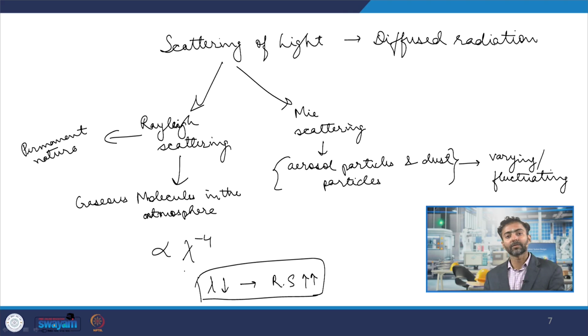If someone were to ask you why the sky looks blue, the reason is that if you look at the entire visible spectrum, the violet, indigo, blue segment, the blue side of the spectrum, has a much smaller wavelength. Having a smaller wavelength, the scattering is much more, and because that particular component of the spectrum is getting scattered to a very high degree, that is what our eyes perceive as the color of the sky.